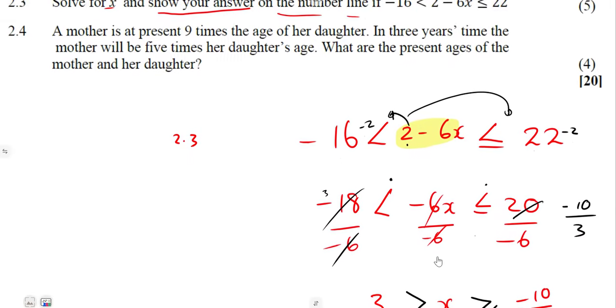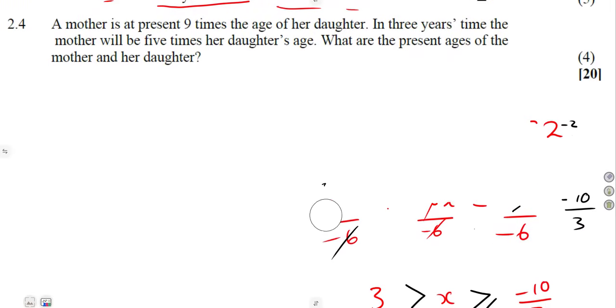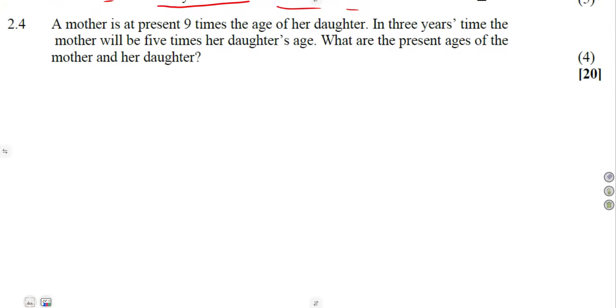Let us move on. 2.4. A mother is at present, the present age, 9 times the age of her daughter. We are given the age of the mother in terms of the daughter, so we must have the daughter's age first.